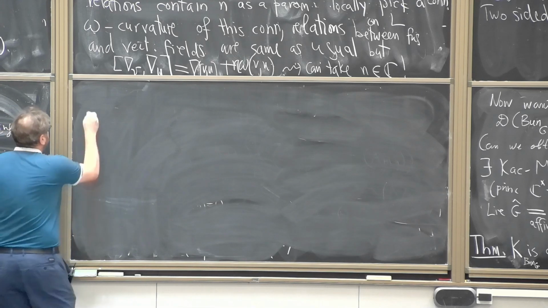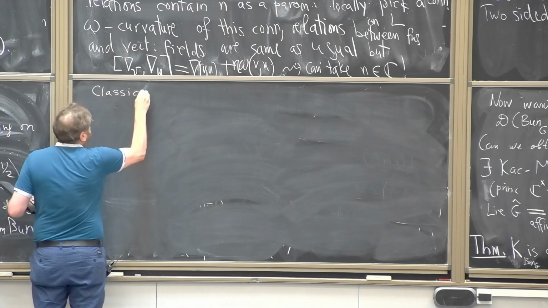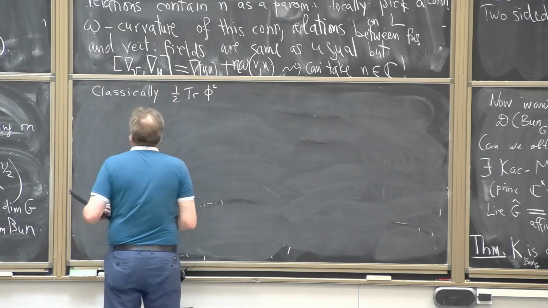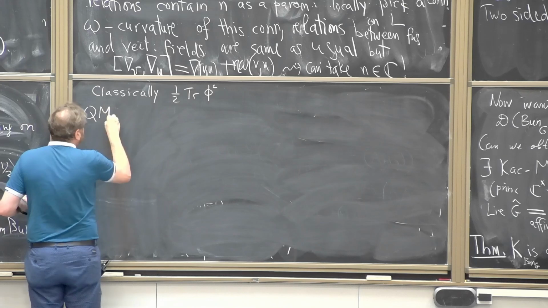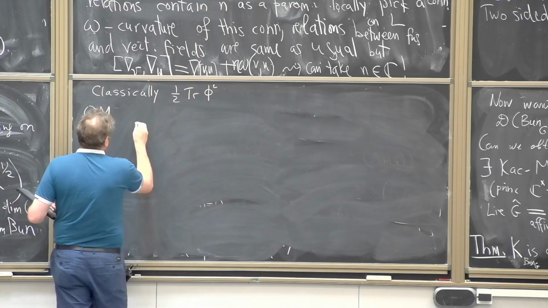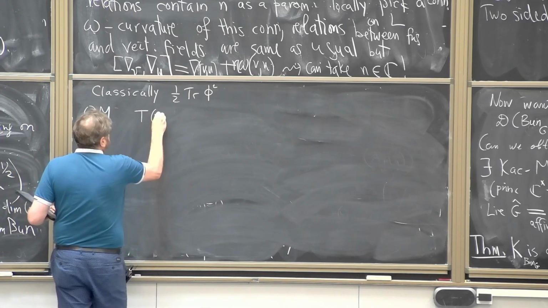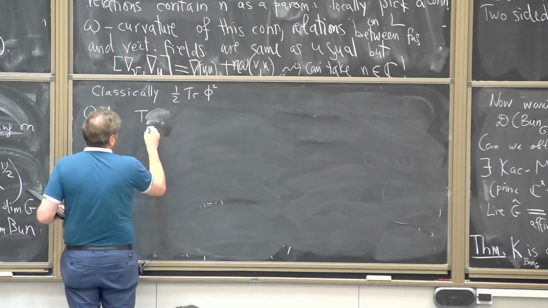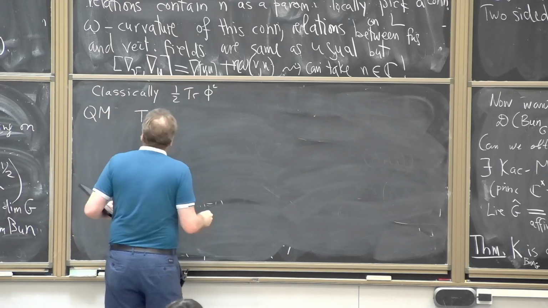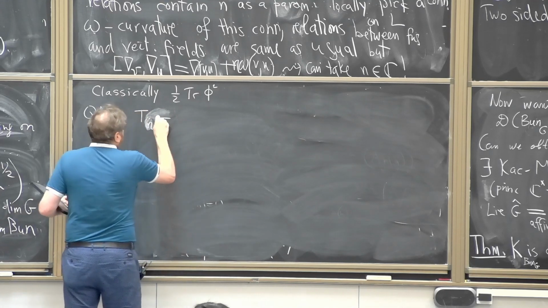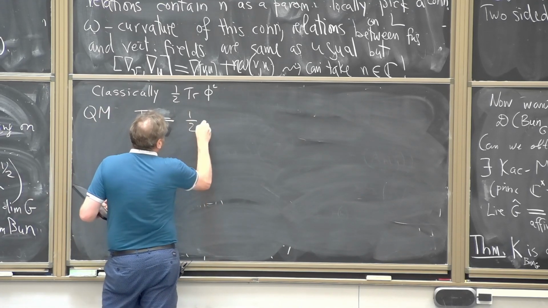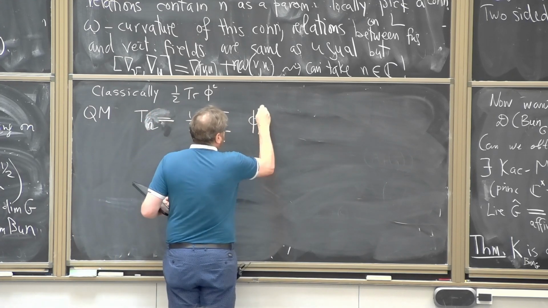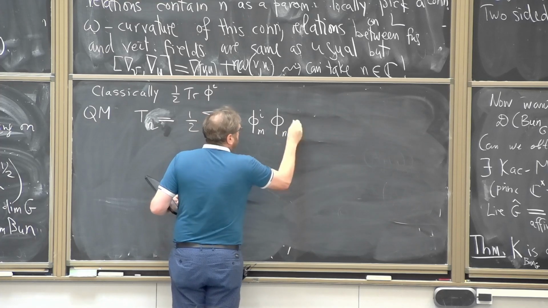So we have this classically 1/2 of trace of phi squared. And in quantum mechanical case, we should use, well, I'm going to call it T of z. Maybe let's take the Fourier mode. So there will be coefficients of this thing. So T_mn, they are going to be 1/2 the sum over m and over i, phi_mi, phi_n minus m_i.